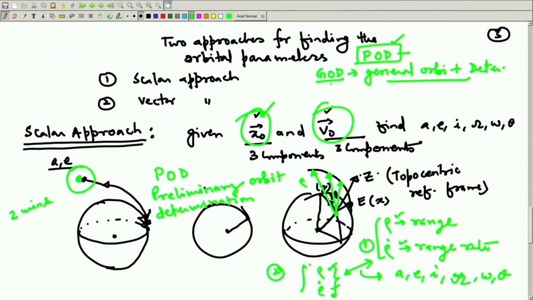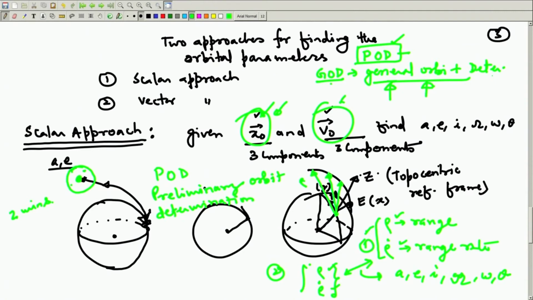So, in this basket, the initial location is given to you, and along with this data, rho dot, you refine the orbit to an extent that you can track it in the near future, and thereafter, for your actual purpose, you refine it and make it more precise. This we call the general orbit determination.